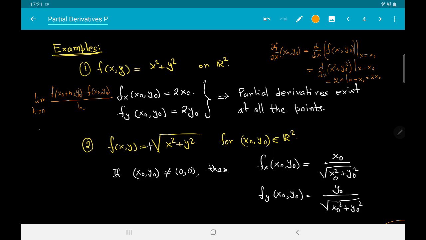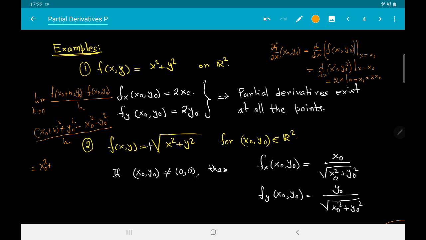So these expressions will look like x0 plus h whole square plus y0 square minus x0 square minus y0 square, and you are going to divide this by h, and so you will see that, let me do the full calculations here.